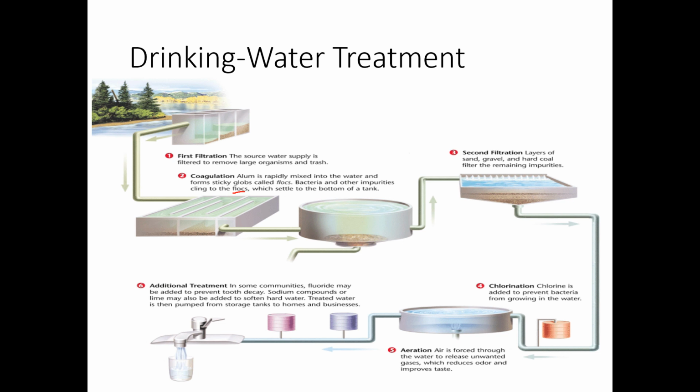And then some extra treatments. The biggest one is fluoride, which is in most any toothpaste because it helps prevent tooth decay. So some communities will add fluoride into their drinking water as a way to help prevent cavities in that community.